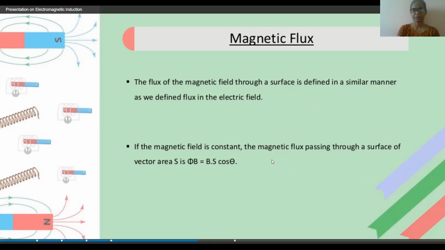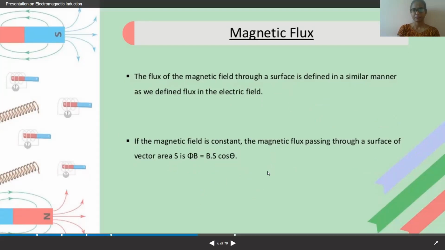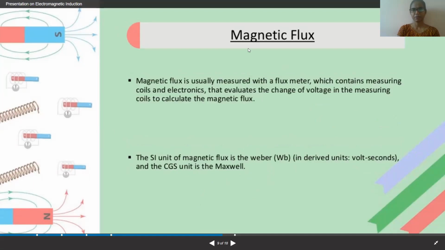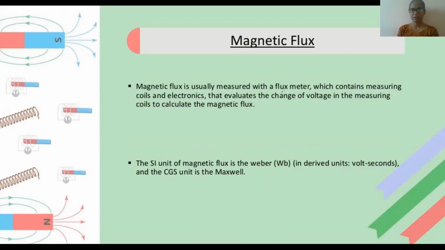Yes, the next one, magnetic flux definition. See, magnetic flux is usually measured with a fluxmeter. It contains a measuring coil and electronics that evaluate the changing voltage in the coil and calculate the magnetic flux. Advanced level you are going to learn all this. The SI unit of magnetic flux is Weber.